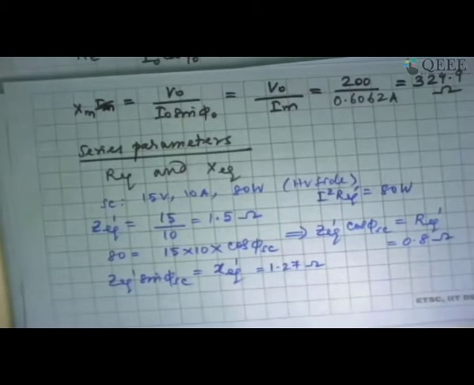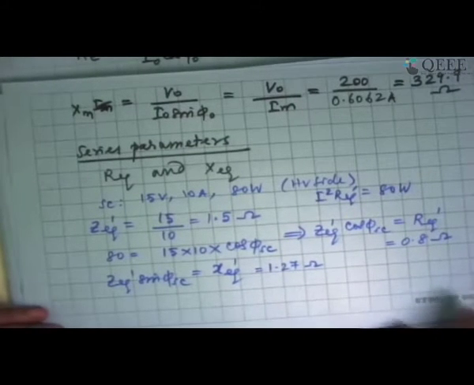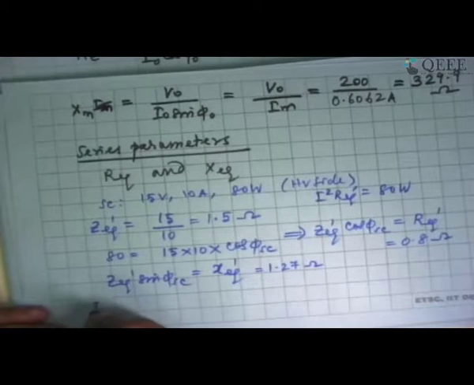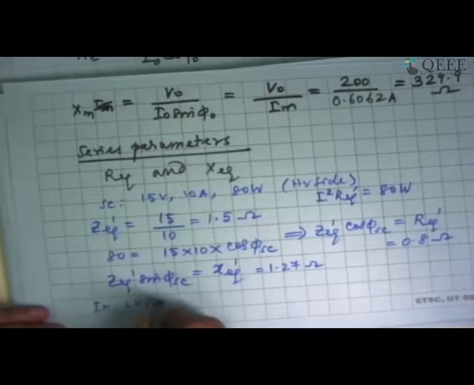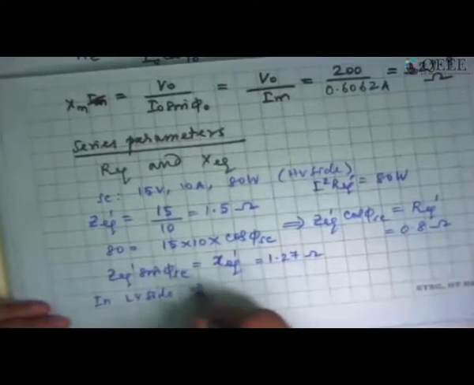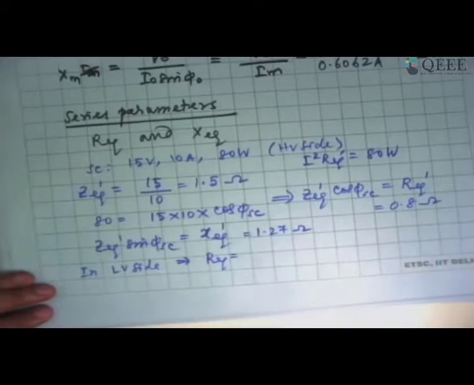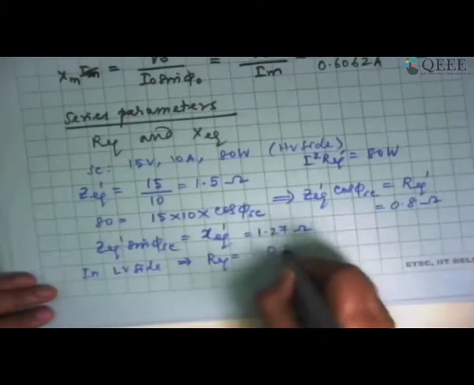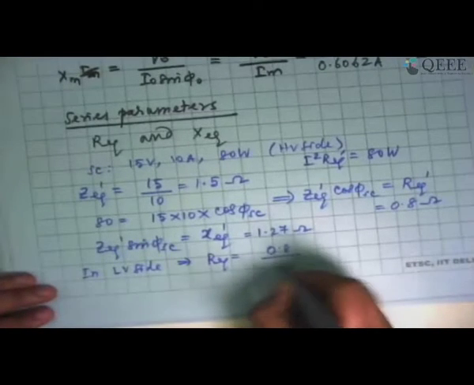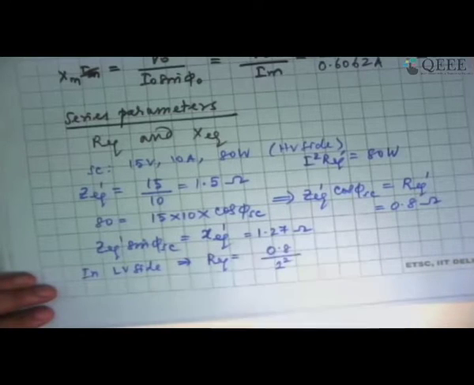So you have got R equivalent and X equivalent, right? But this is all in the high voltage side. So in the LV side, R equivalent will be 0.8 divided by 2 square because the turns ratio is 2.